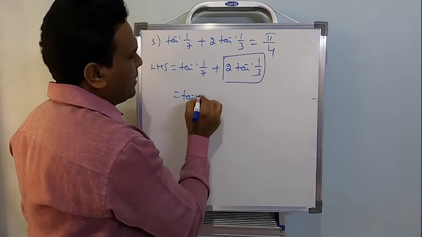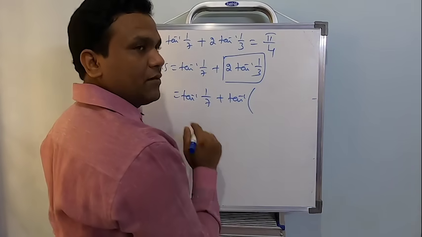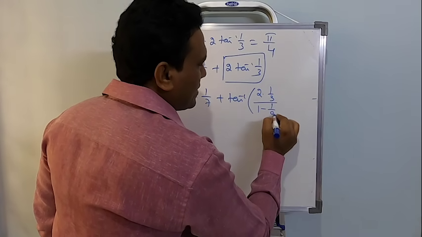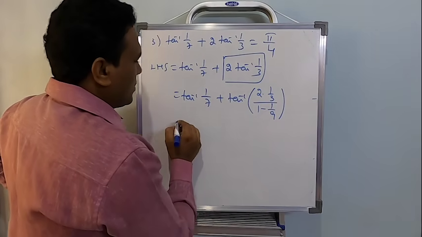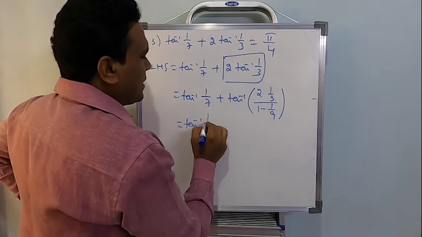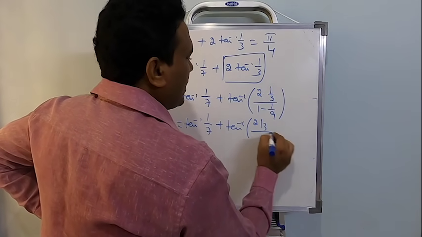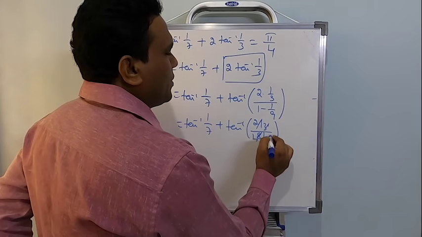So this will be tan inverse 1 by 7 plus tan inverse, and 2 tan inverse x is tan inverse of 2x by 1 minus x square. 1 by 3 the whole square, that will be 1 by 9. So let us simplify this. Tan inverse 1 by 7 plus tan inverse 2 by 3 over 8 by 9. So this will be simplified now.